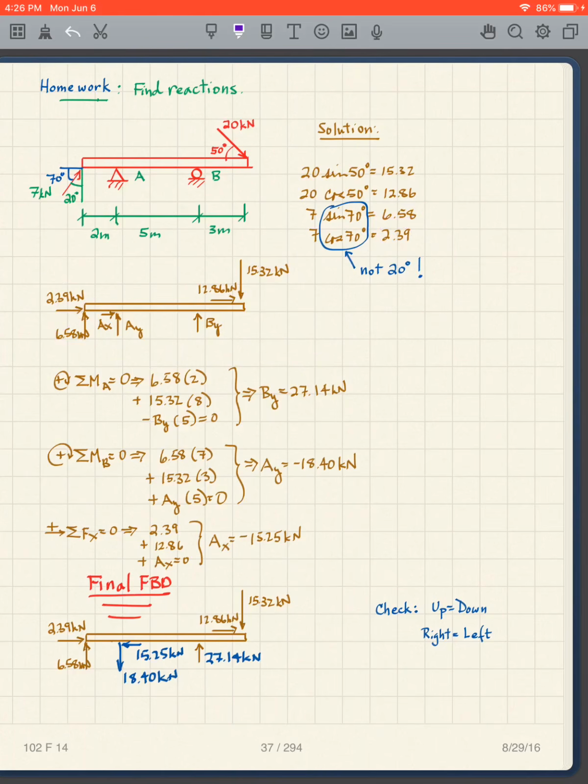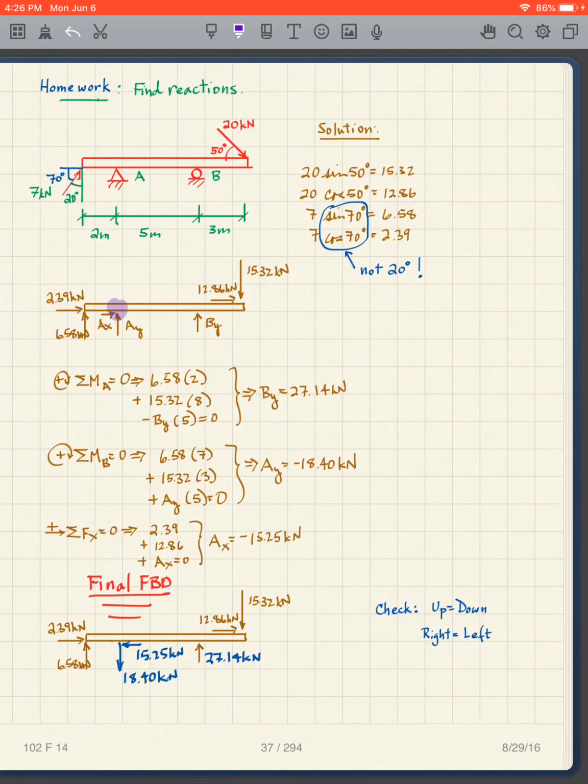So now we're going to work from this free body diagram and take moments about A. First we're going to note that this goes through the point, or the line of action goes through the point, so we're not going to consider those. So I'm just going to do the vertical one.